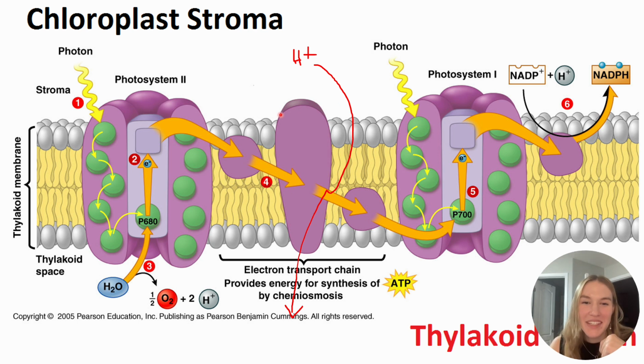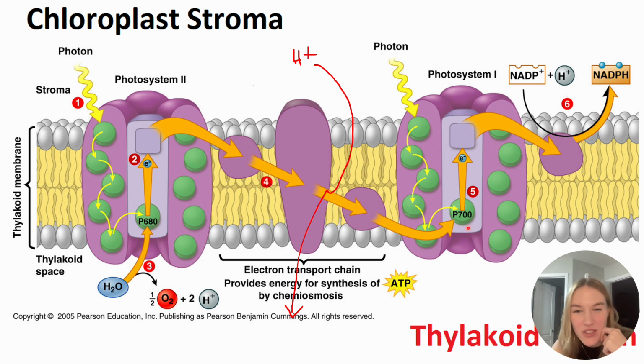So as we move this electron down, we are using the energy from it being converted from a high energy electron to a low energy electron to pump protons into the thylakoid lumen. Okay, now we have a low energy electron, and it will be received at photosystem 1.